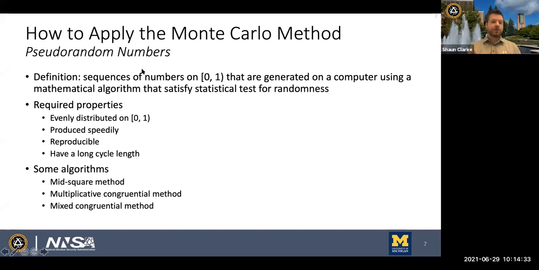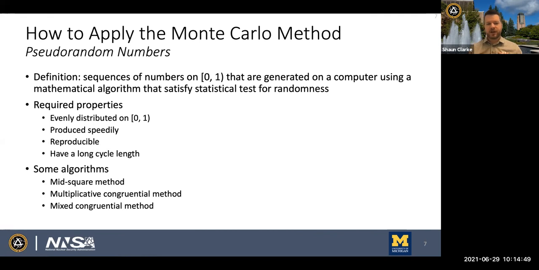The third bullet here, reproducible. That's a little bit of an odd one. So why do we want our pseudo-random numbers to be reproducible? This has to do with code verification and reproduction of the solution.